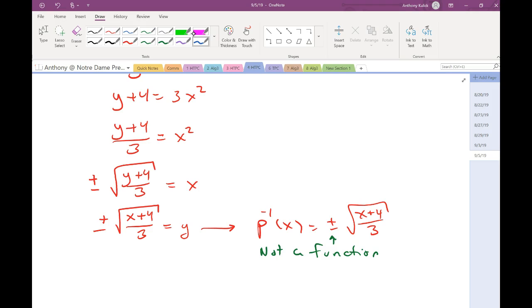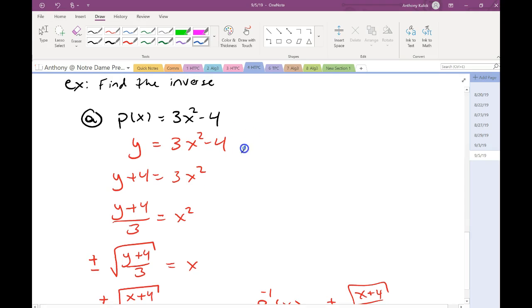If we wanted to make sure that our inverse is a function, we can fix this by doing something called restricting the domain. We mentioned this a little bit in Algebra 3-4 last year. So what we do is on the original problem, we'd have some caveat like x has to be greater than or equal to 0.